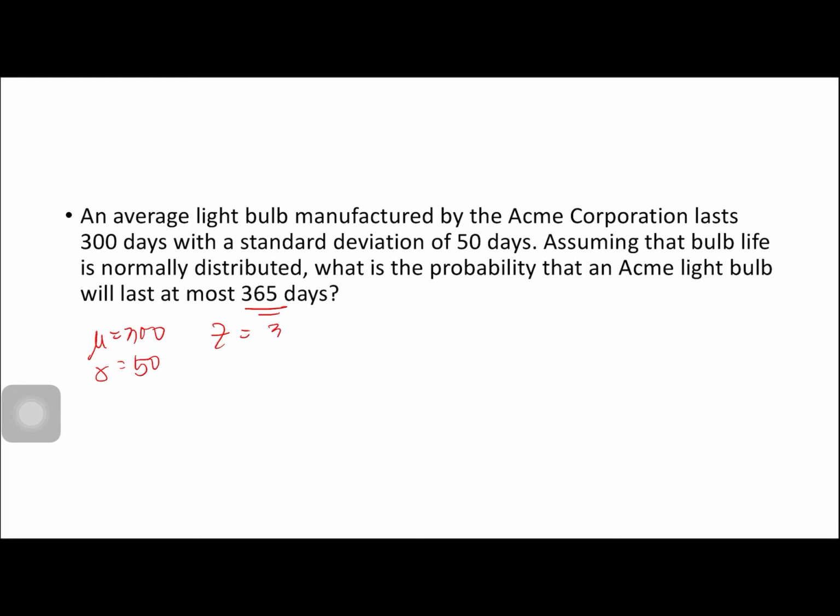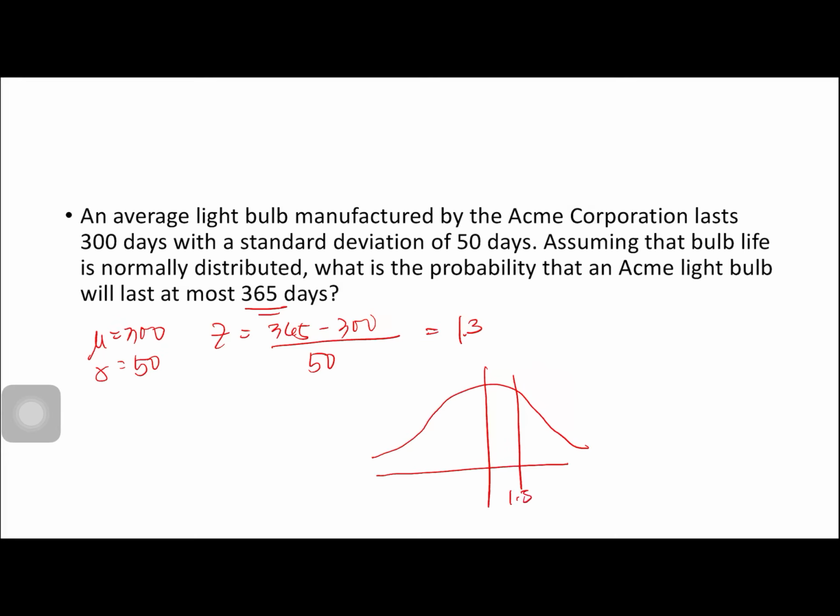Okay? So we have here z is equal to 365 minus 300 over 50. So that is 1.3.